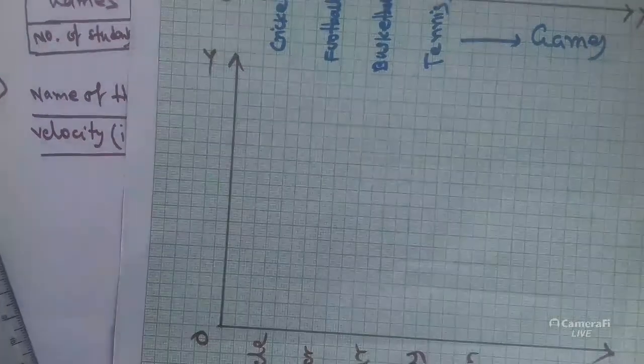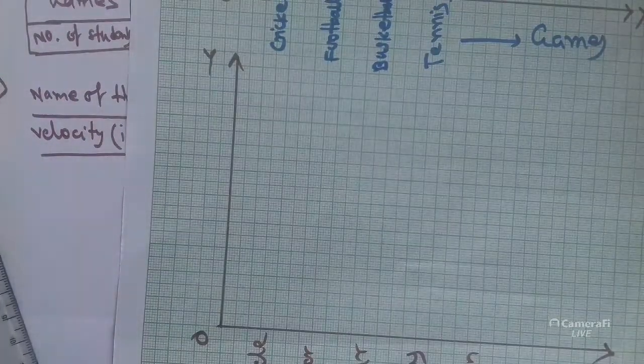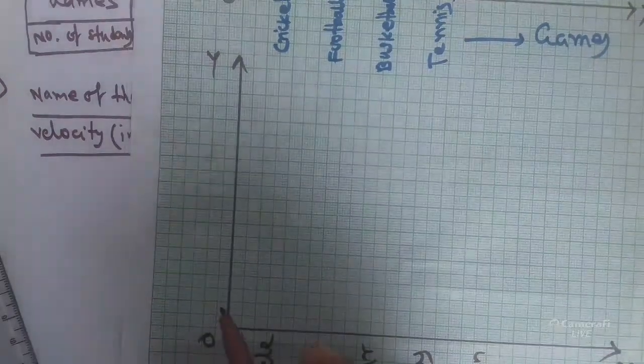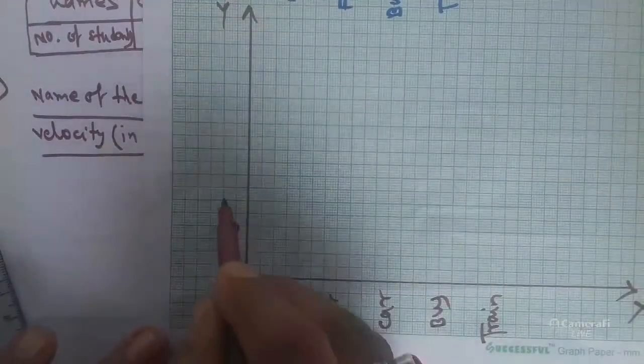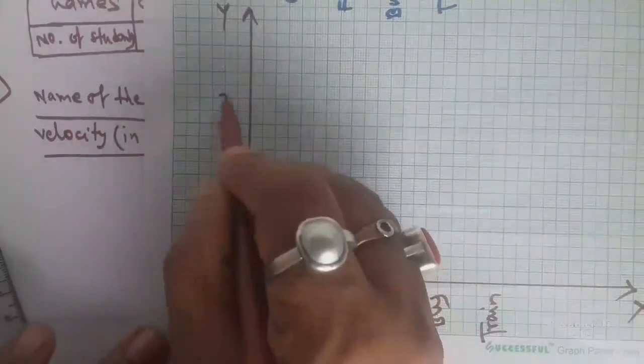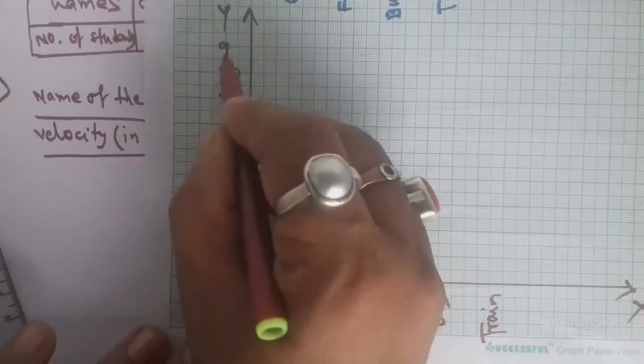train. And here, as the highest value is 90, we have to take each unit equal to 10. So at first we take 10, 20, 30, 40, 50, 60, 70, 80 and 90. 90 is the highest velocity, so we have to take up to 90.